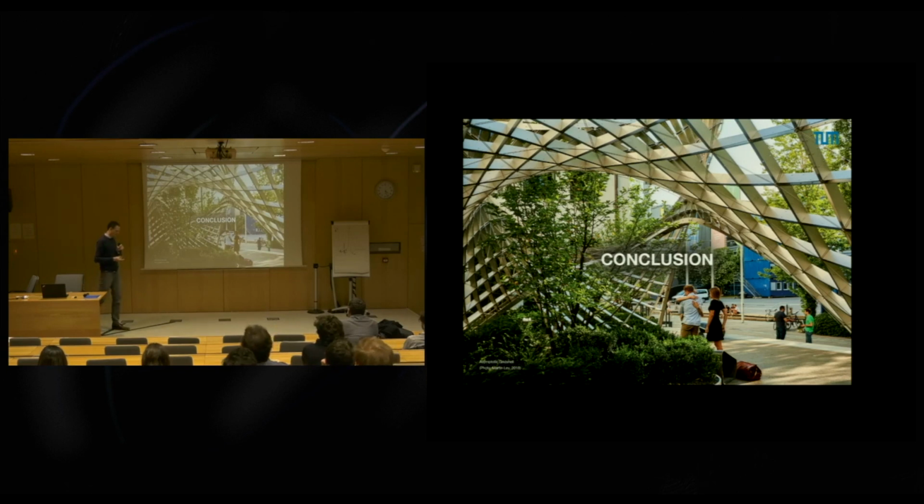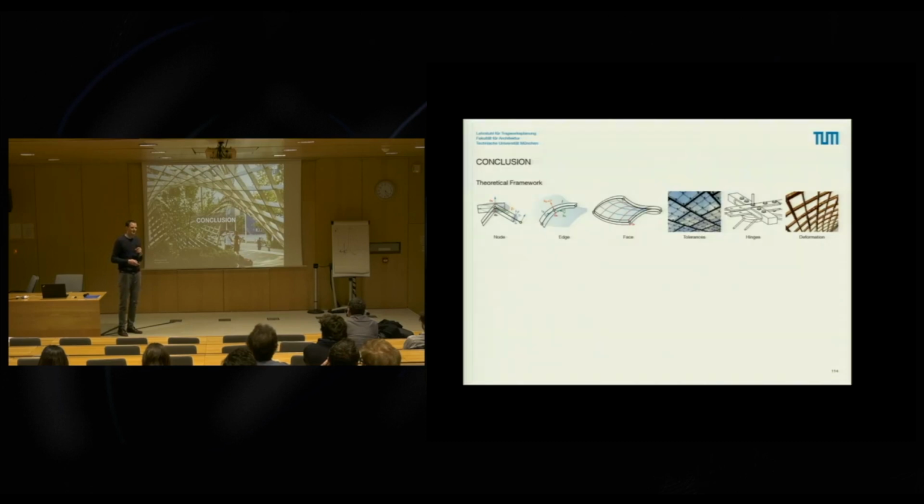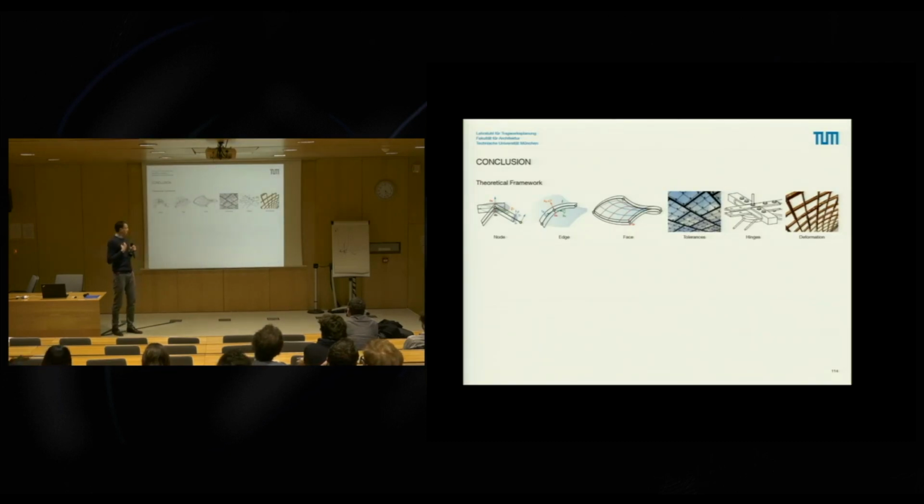So with this, I would like to end my talk, and I would just like to conclude what I find the most important insights. For one, if you look at the geometric parameters and at the constructive parameters, you can very clearly define if you can get a repetitive structure or not.